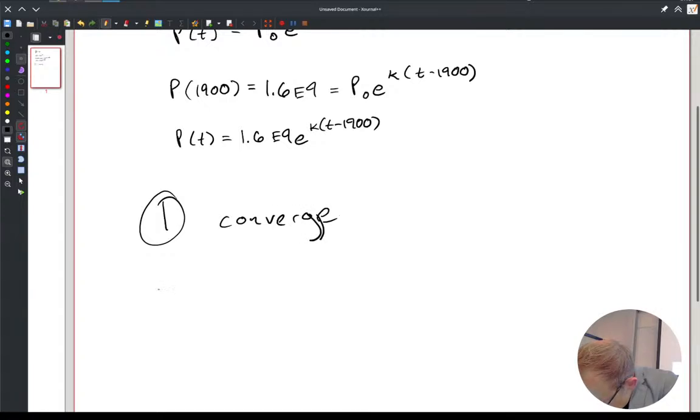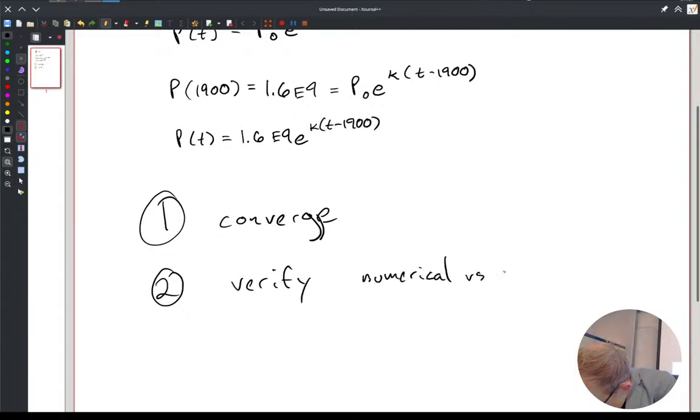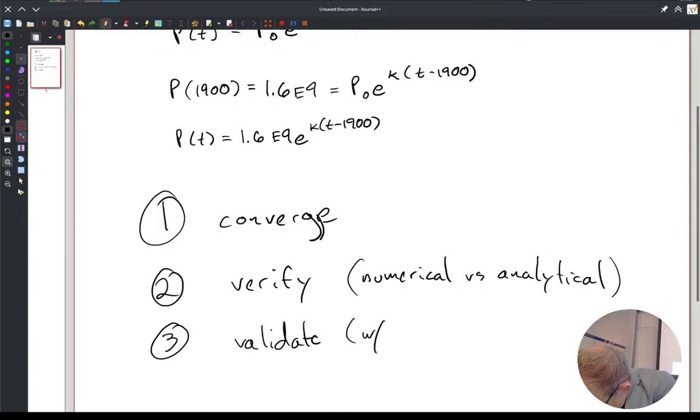Then verify. Validation always requires something outside. You can't use a computer to validate itself. You've got to get out and measure something.